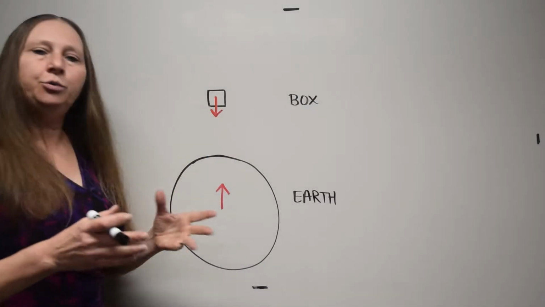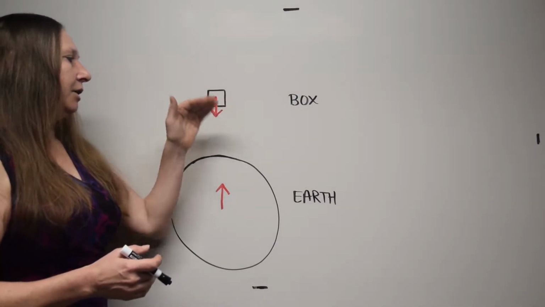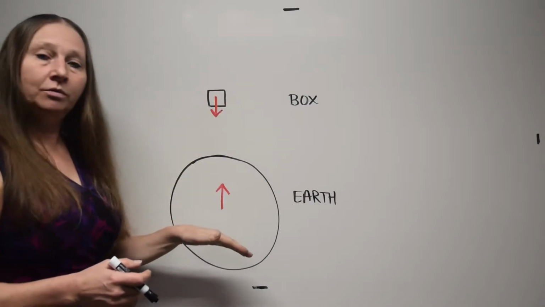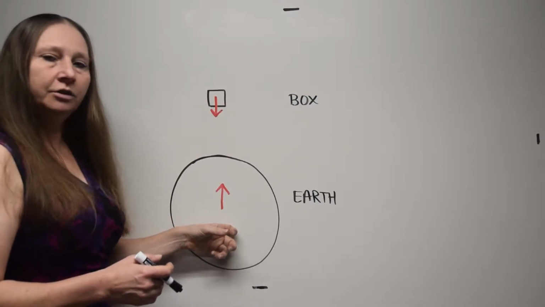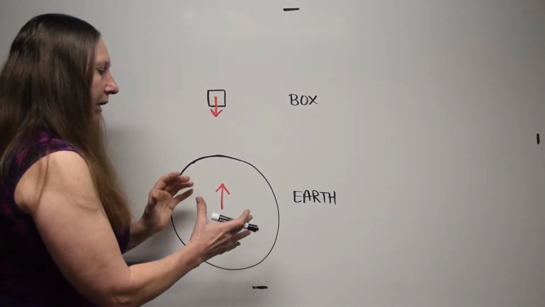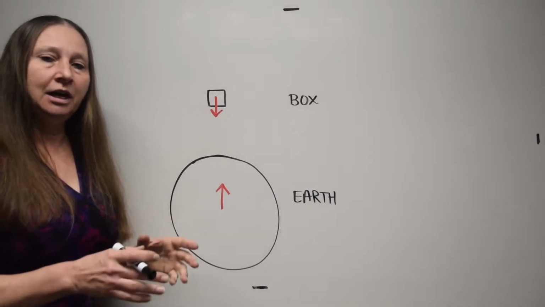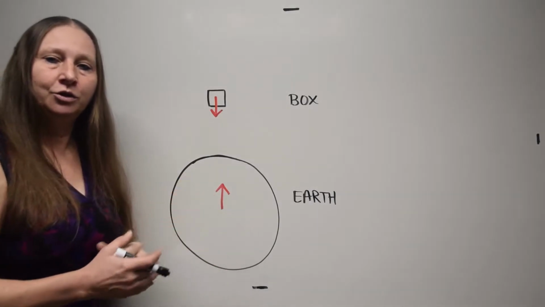Now, which one do you think is going to accelerate faster? Is the little box going to accelerate faster? Or is the Earth going to accelerate faster toward the box? Somehow, I don't see the Earth accelerating very quickly upwards toward the box.